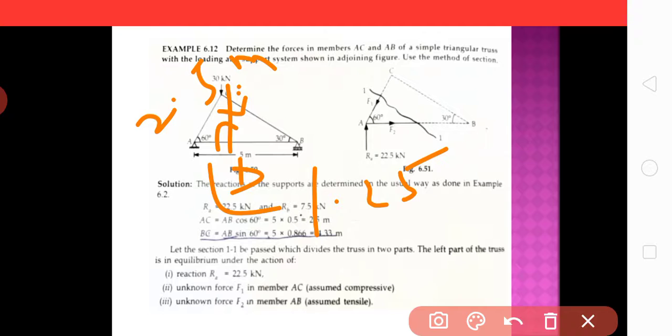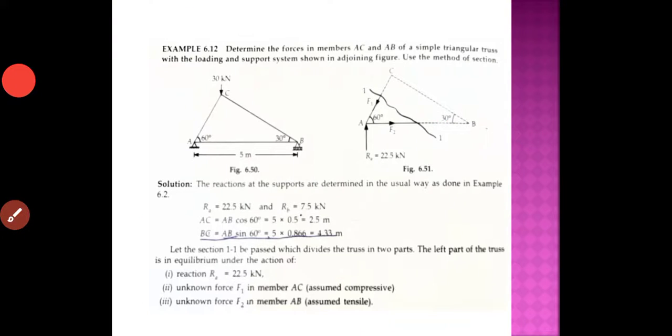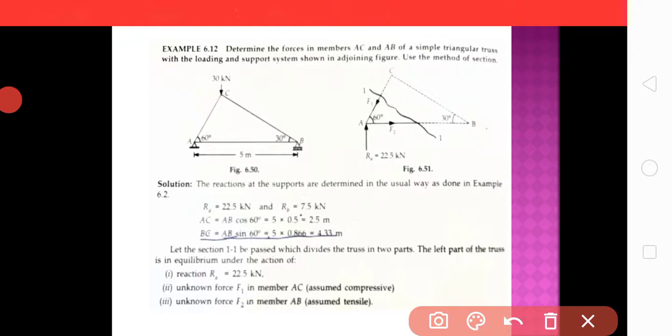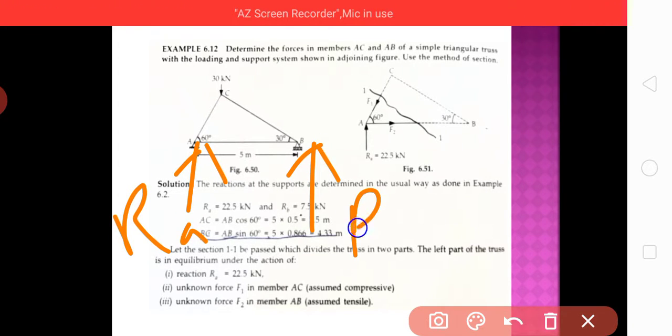Now, just first find the reactions RA and RB. This is reaction RA and this reaction here is RB.